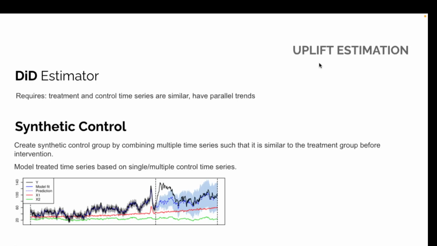And how is this done? So let's look at this graph. The solid black line is Y, our variable of interest, or sales, let's say, to be more specific. And then look at the red and green lines, X1 and X2. X1 and X2 in this example are some additional time series that I could find and can access. And I have two requirements for those X1 and X2, and it will be clear why.